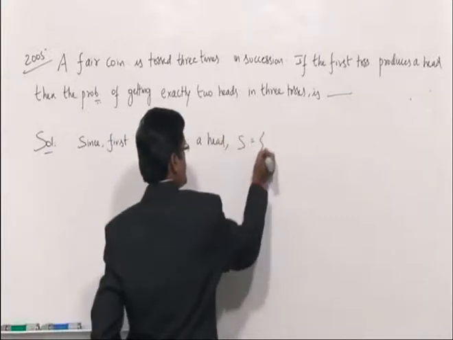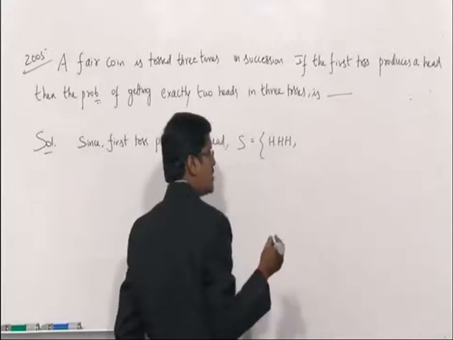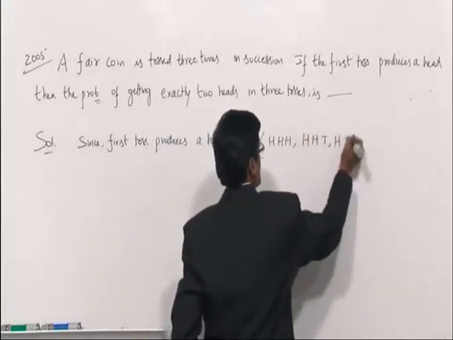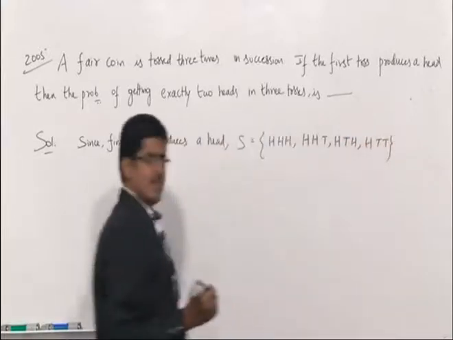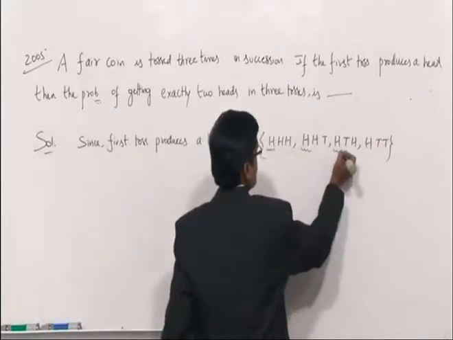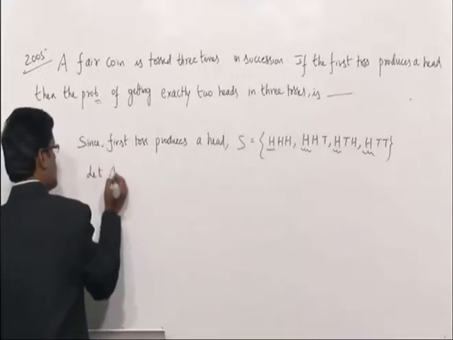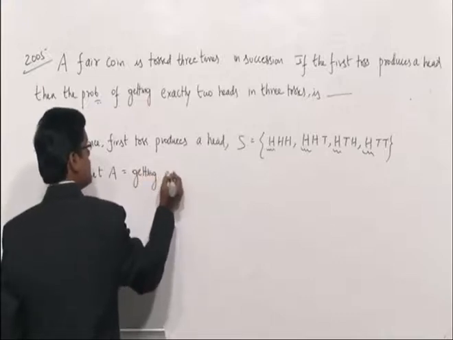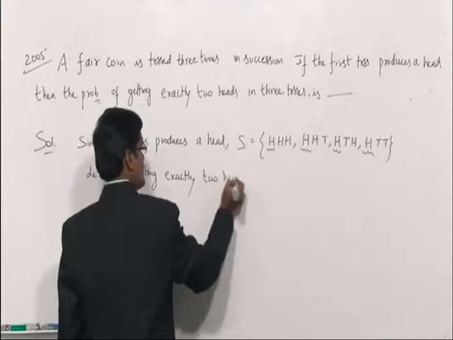sample space S is equal to, first is H, next one is HH. Out of all 8 outcomes, I am considering only these four: HHH, HHT, HTH, HTT. Why am I considering only these 4 out of 8? Because the first coin shows compulsory head only. Let event A be getting exactly two heads.